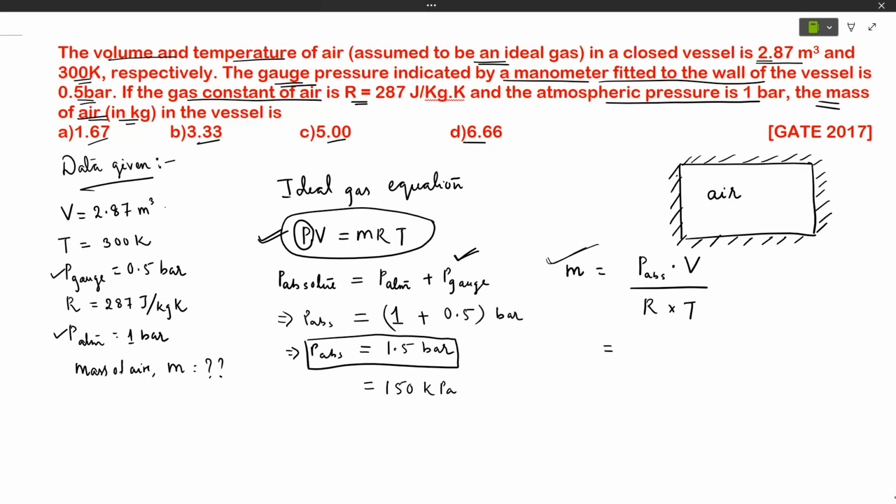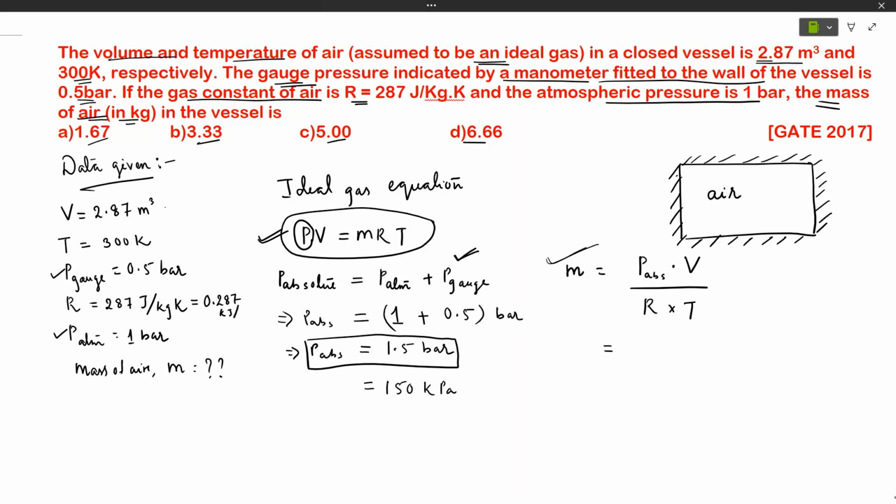The value of R is given as 287 joule per kg Kelvin, so convert this into kilojoule per kg Kelvin, which is equal to 0.287 kilojoule per kg Kelvin.